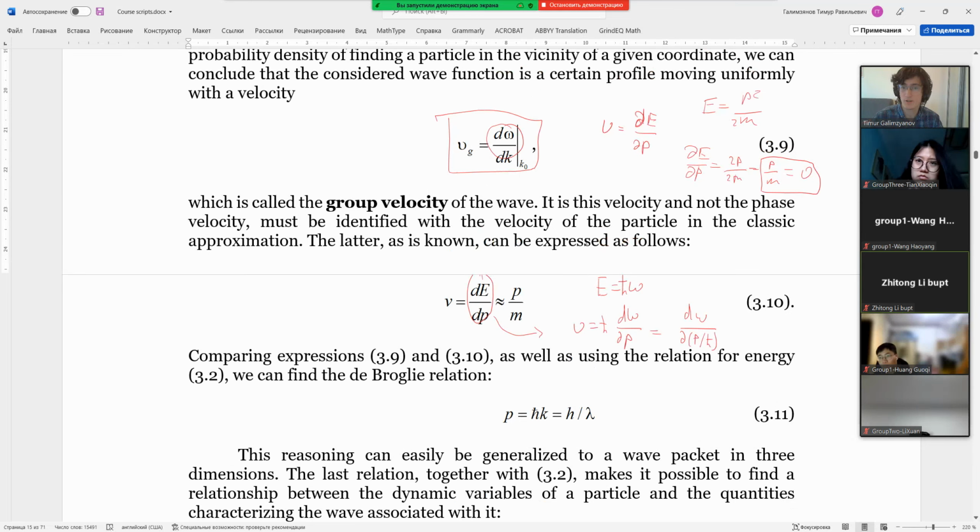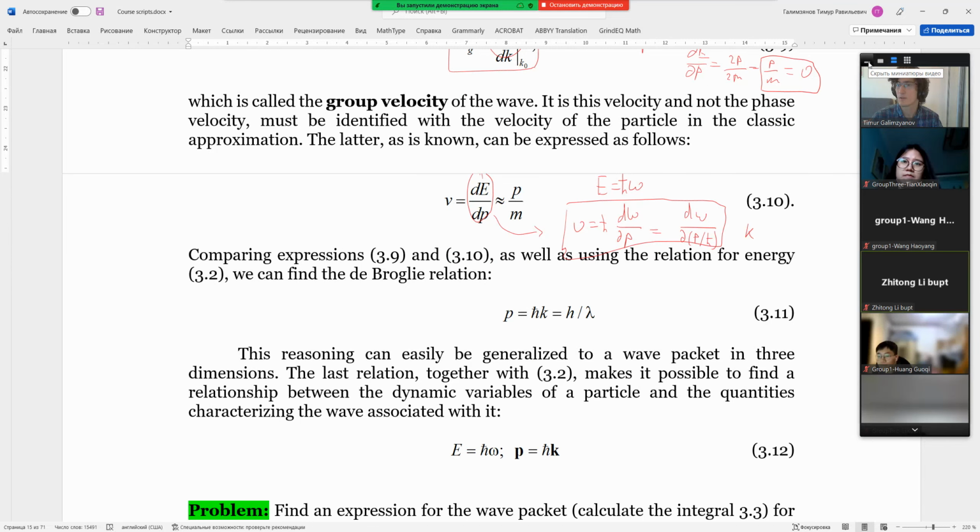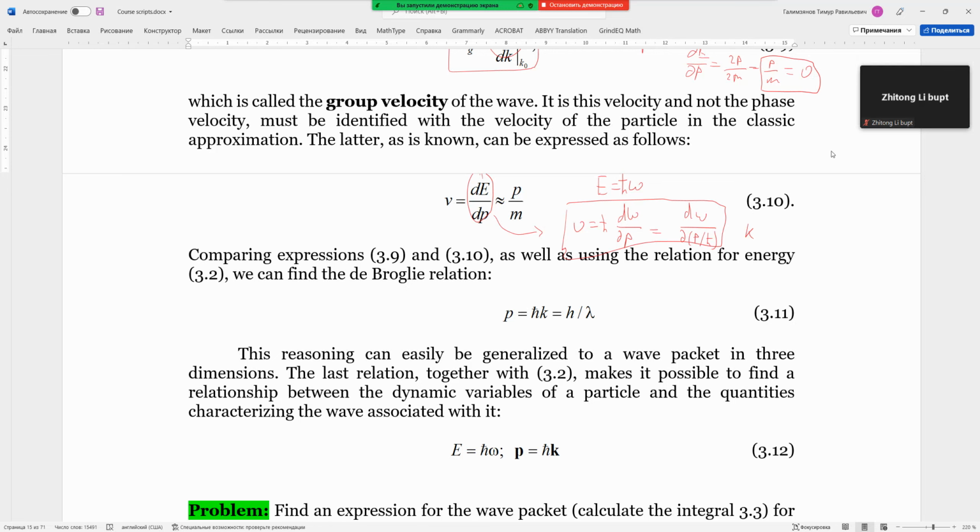So if we compare this equation with this one, we see that k, which is the wave vector, equals momentum divided by h bar, or vice versa, momentum equals h bar multiplied by wave vector, or h divided by lambda, if we know that k is 2 pi divided by lambda, with lambda the wavelength.